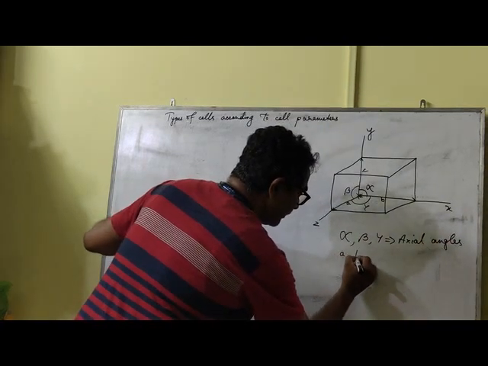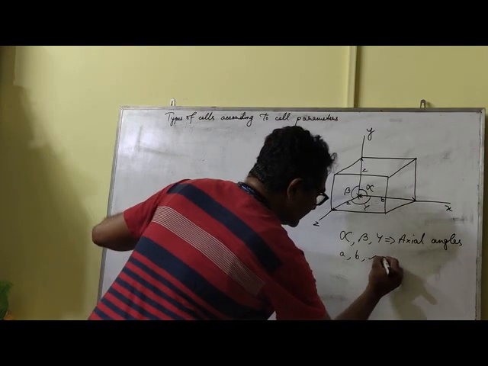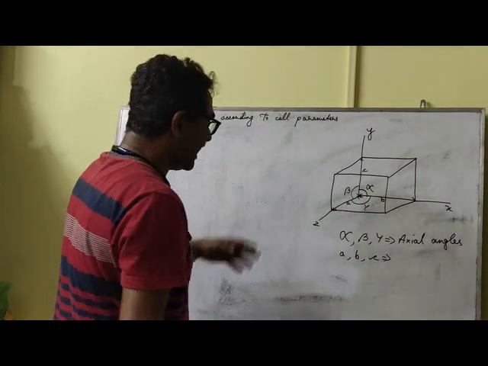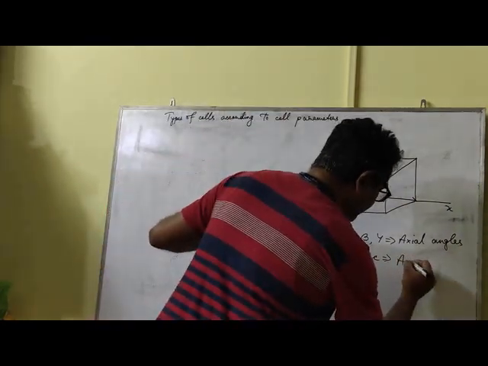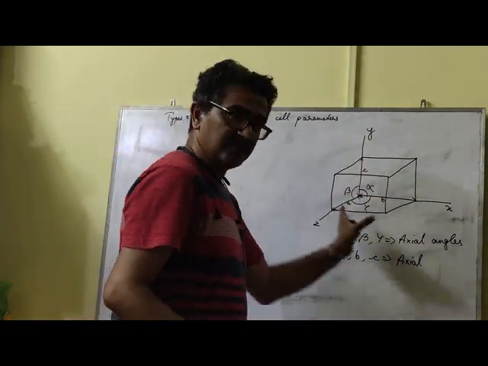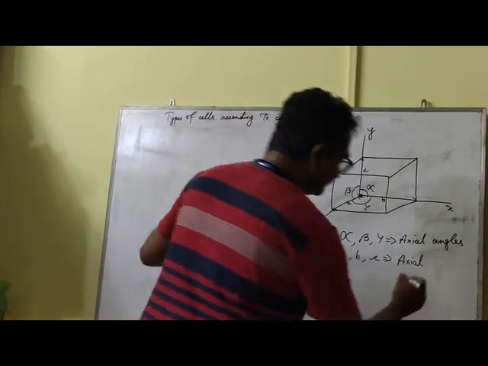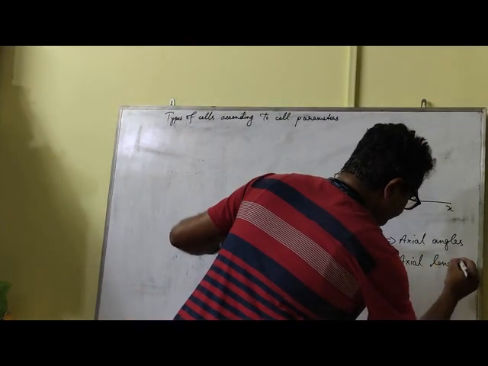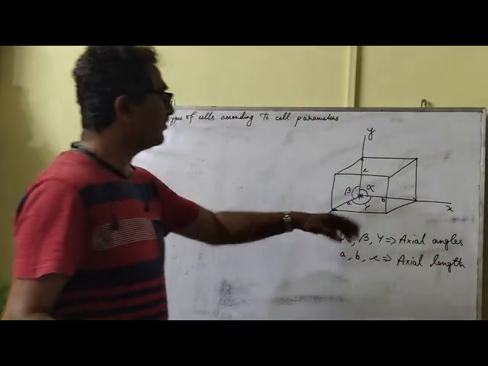And A, B and C are called axial lengths. That is, the length which is on the axis. So these are the different cell parameters.